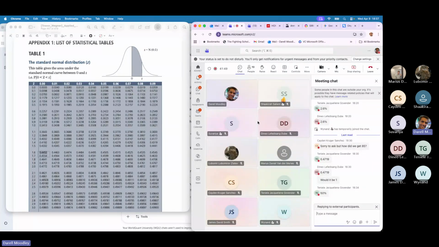Okay, so what you've done today is you've determined how to work out probabilities using the table on the back of your book when the problem involves working out the probabilities for a normal distribution, right? You must be able to convert that variable into a Z variable, and then only can you use this table.